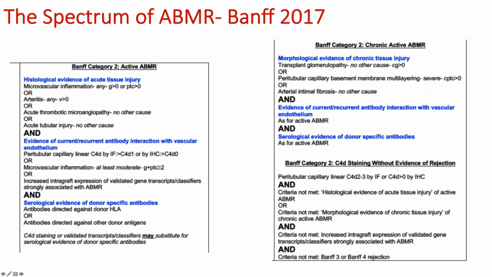So it is simply called active ABMR, and the chronic one is called chronic active ABMR. So again, we need three criteria for diagnosis. One, histological evidence of acute tissue injury. Two, evidence of current or recurrent antibody interaction with vascular endothelium. And three, serological evidence of donor-specific antibodies.